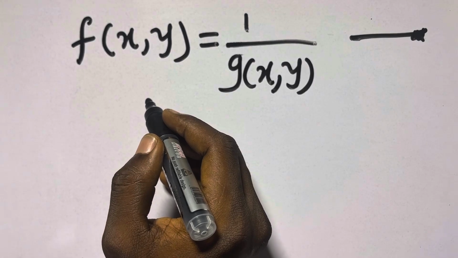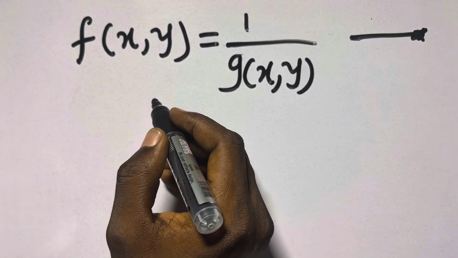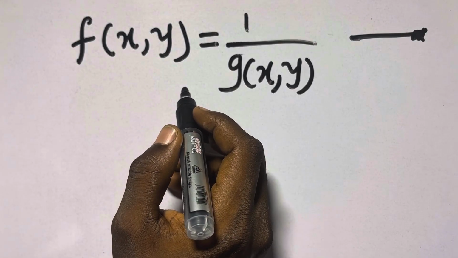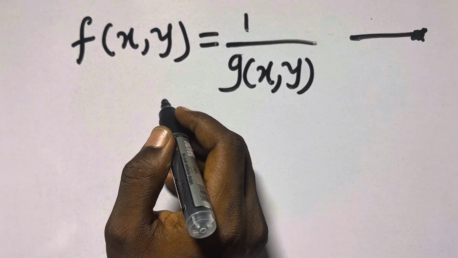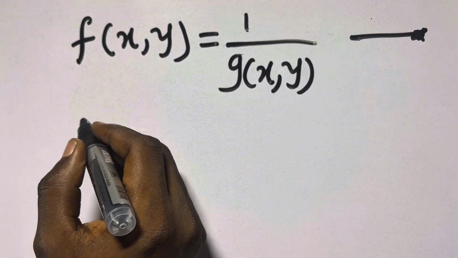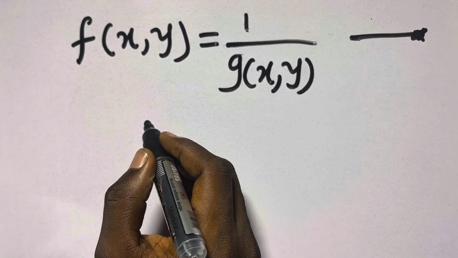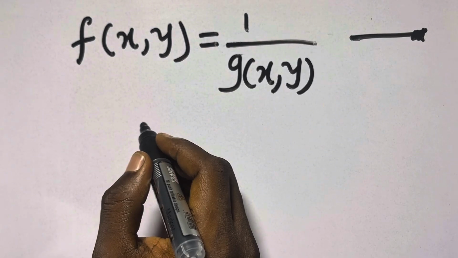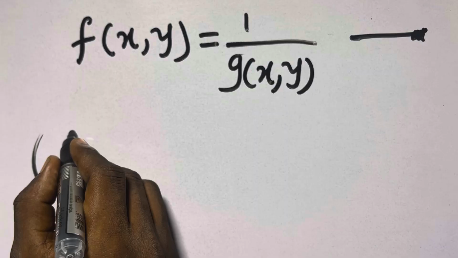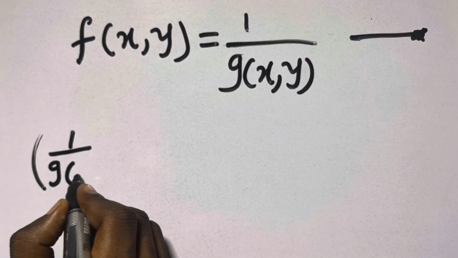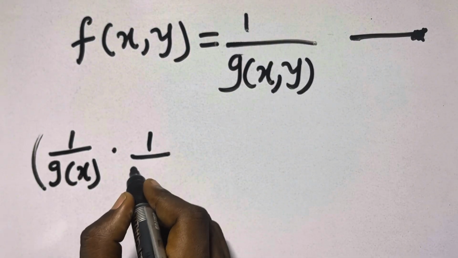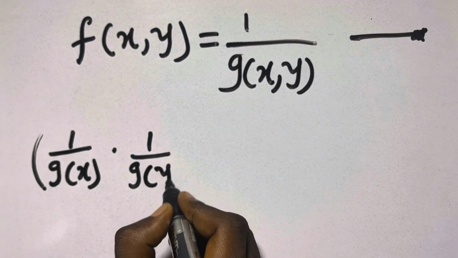So if we recall from the original functional equation, from the right hand side of the equation, we have f of x multiplied by f of y. So now we will write it in terms of g of x. So we have 1 divided by g of x multiplied by 1 divided by g of y.